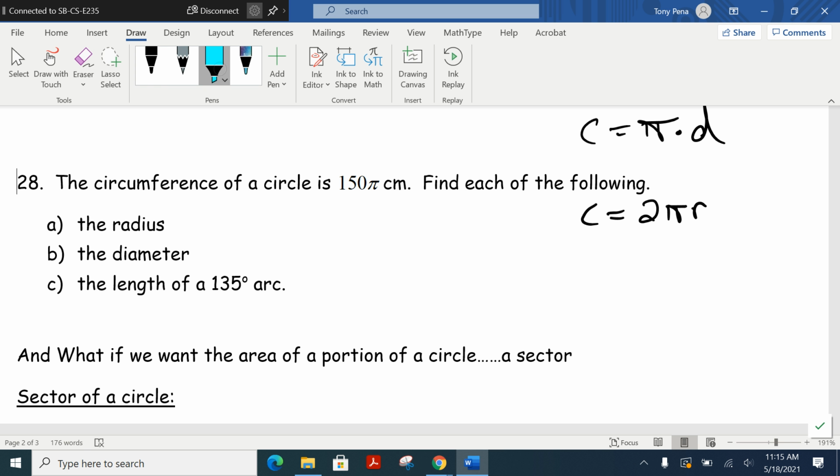If I tell you that the circumference of your circle is 150 pi, tell me what the radius and diameter are. So do that real quick. What do we think? We know our circumference is 2 pi r, and we know the circumference is 150 pi. Then we can hopefully state the radius and diameter pretty quickly.